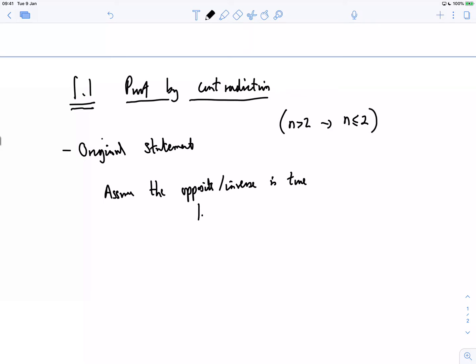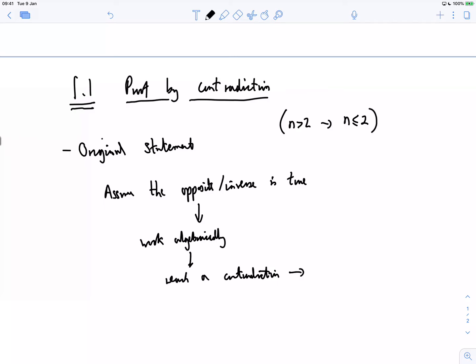And then what you do is you work algebraically and systematically, and hopefully you should reach a contradiction. Okay, and the idea is that you've worked perfectly up to that point.